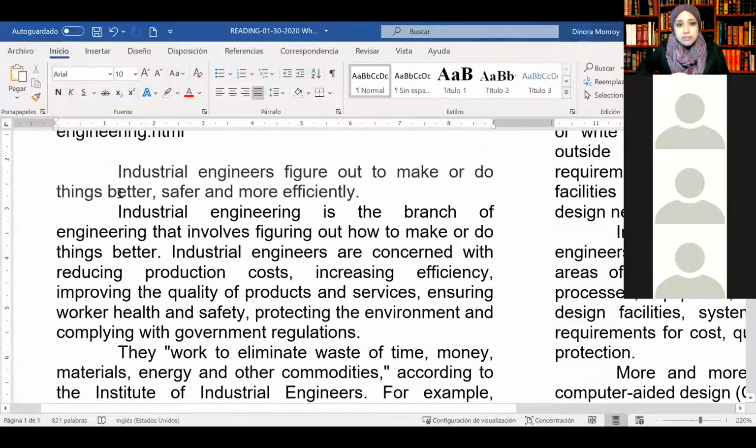Industrial engineers figure out how to make or do things better, safer, and more efficiently.